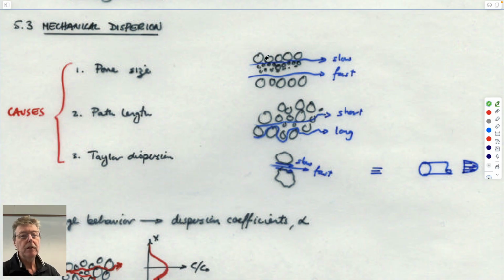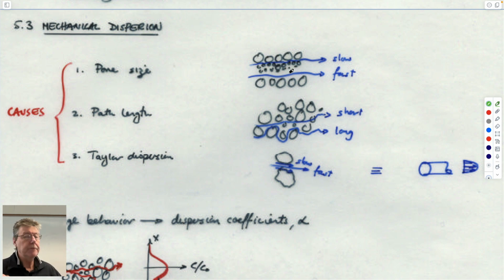One, if you think about large grains and small grains, then if you look at the tortuous flow path that a particle of dye would take as it gets carried through the system, it will go through paths at different velocities given by the pore throats. Little pore throats will have small velocities, big pore throats will have large velocities, large permeabilities, and so there'll be a different velocity as it goes through on different paths.